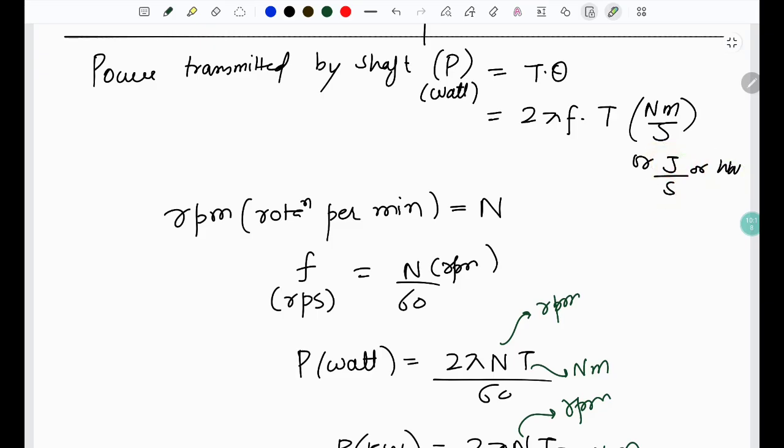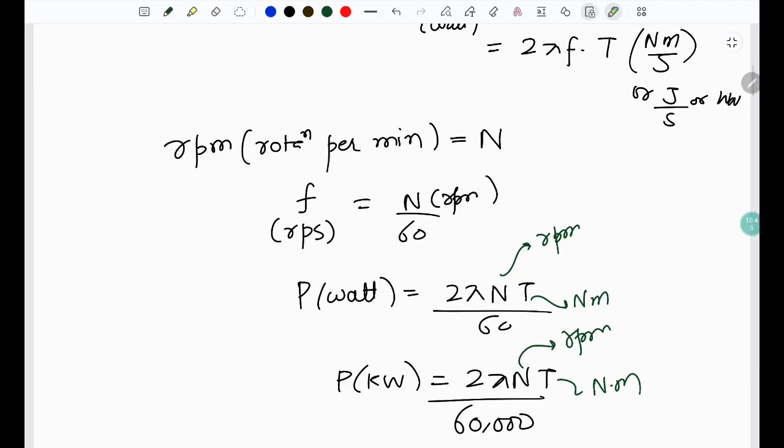Now RPM, rotations per minute, is represented by n. Therefore the frequency, that is RPS, is written as n over 60, because this is revolutions per minute divided by 60. That will give us the revolutions per second.